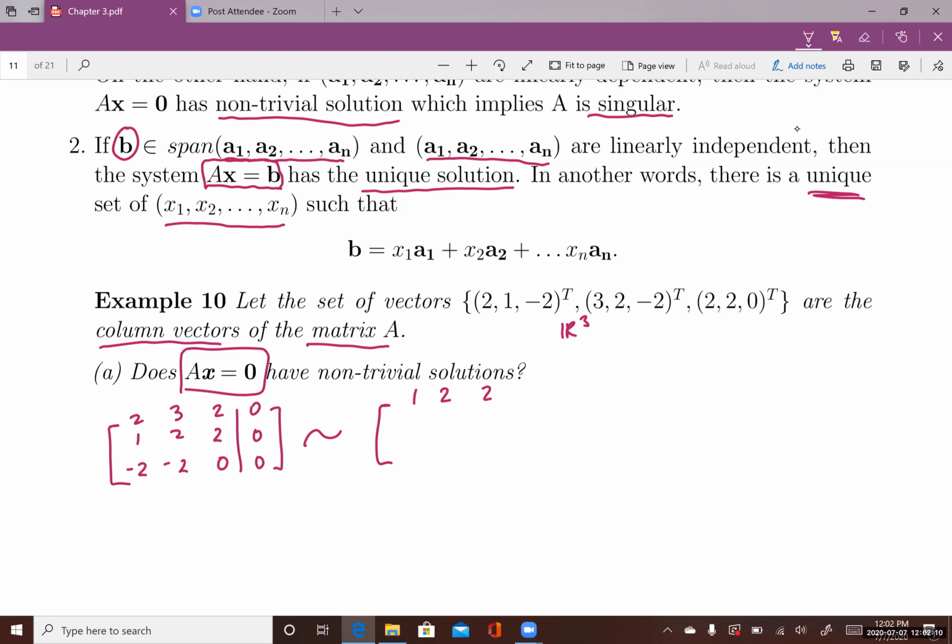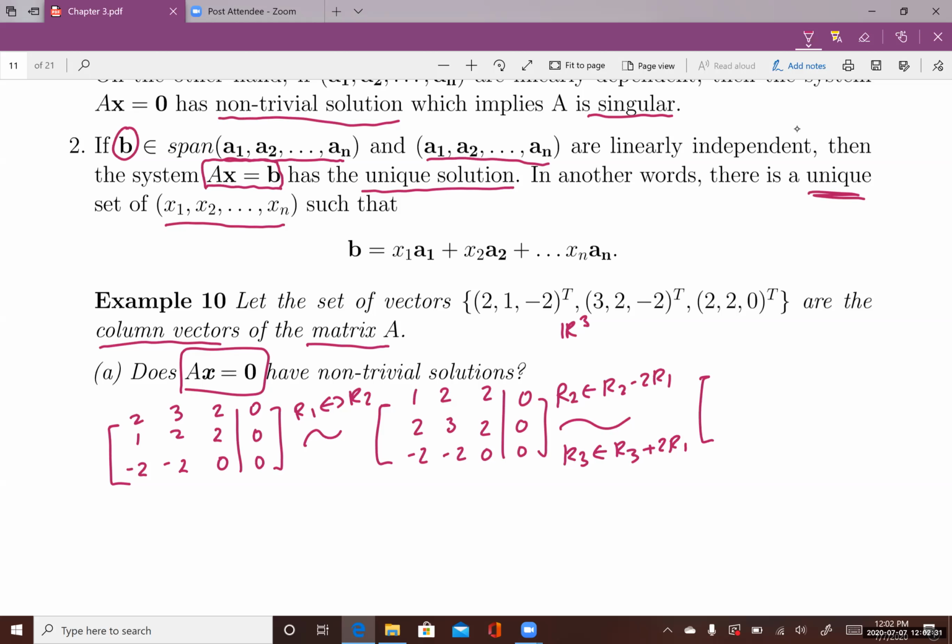First, I want to move the second row to the top, so it's going to be the pivot row. Then I do some row operations: row 2 minus 2 row 1, and row 3 plus 2 row 1. Then I will have 1, 0, 2, 0; then 3 minus 2, 4 is negative 1, 2 minus 4 is negative 2, and 0; then negative 2 plus 2 is 0, negative 2 plus 4 is 2, 0 plus 4 is 4, and 0.